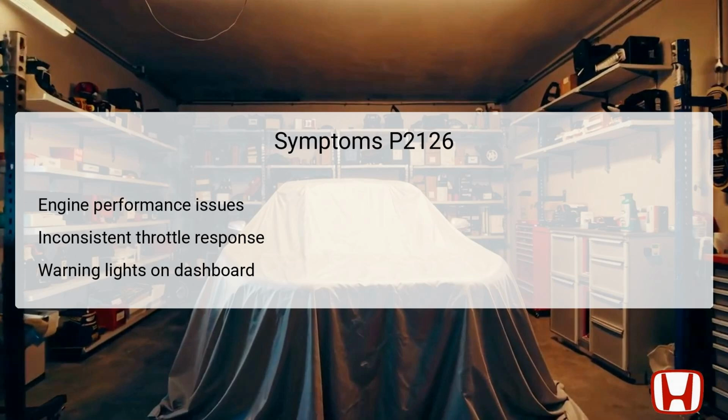Often, drivers may also observe warning lights on the dashboard, such as the check engine light, indicating that the vehicle's ECM has detected a fault. Since the throttle position is intricately linked to engine performance, other symptoms may include a decrease in fuel efficiency or unexpected engine stalling under load.